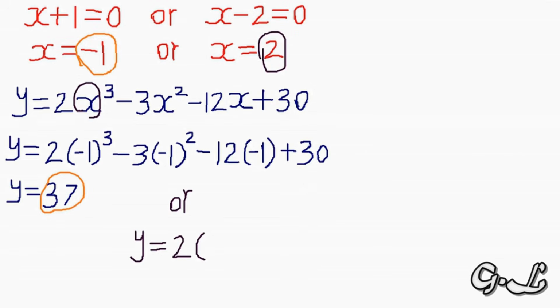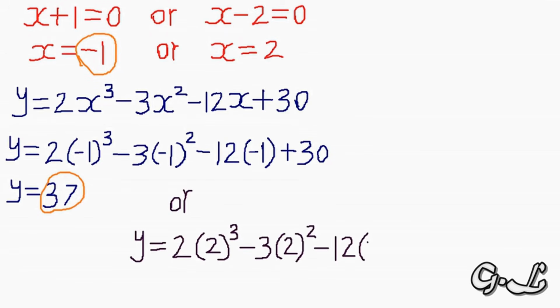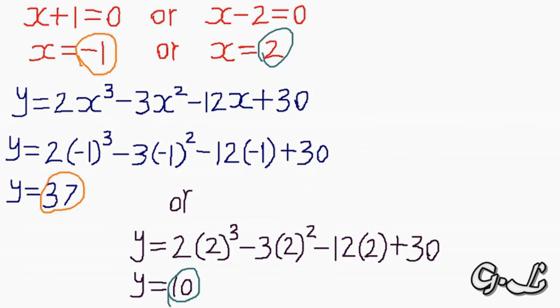Wherever there is x, again we're going to replace with +2 and see the answer. When you consider the calculations, it will give you the value of 10. So 2 and 10 are a pair.